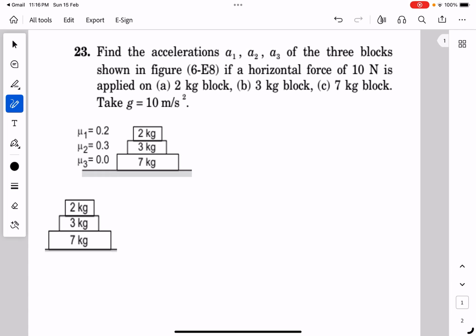First of all, let us find out the maximum value of static frictional forces acting between the blocks. Between 2 kg and 3 kg block, let's call it F1 maximum. This will be equal to mu into N. Mu is 0.2 and normal force is 2 into g, so this is equal to 4 Newton.